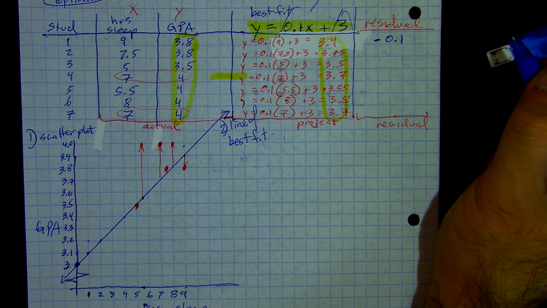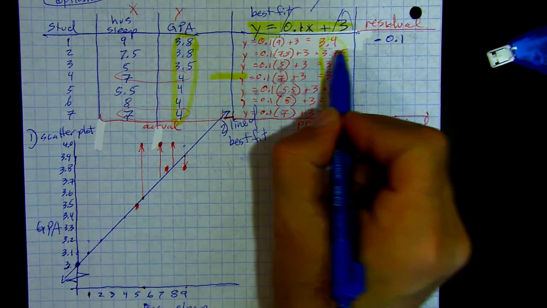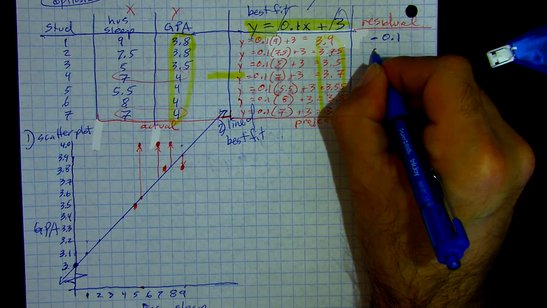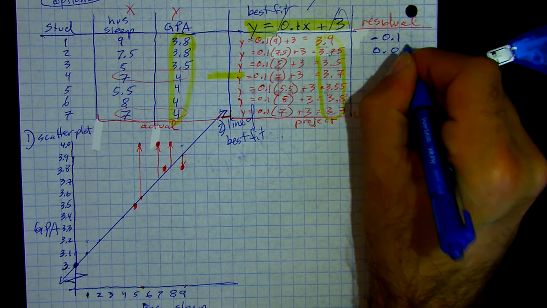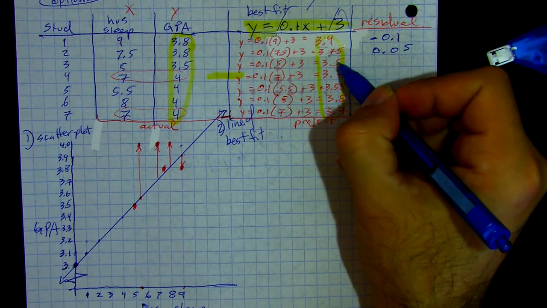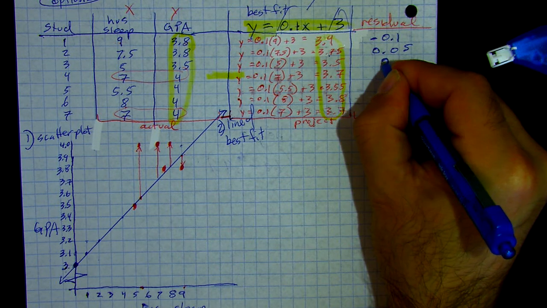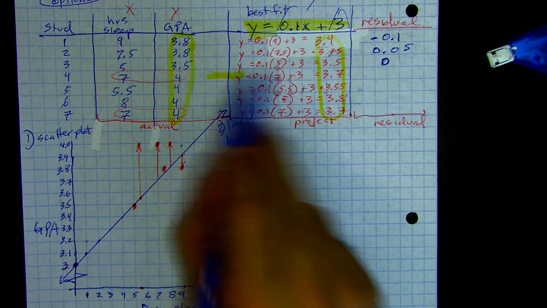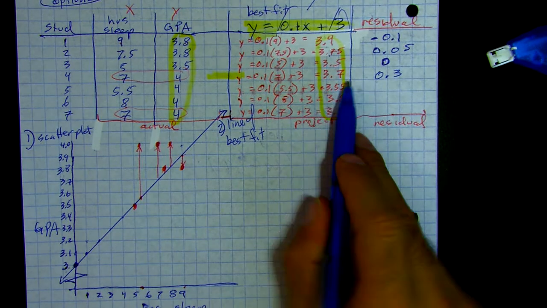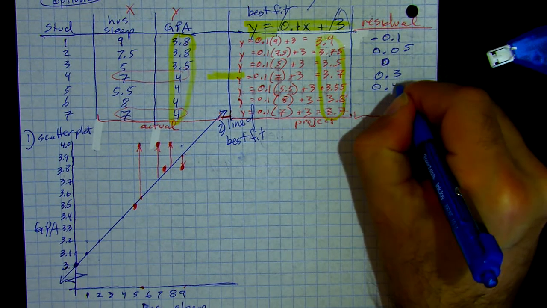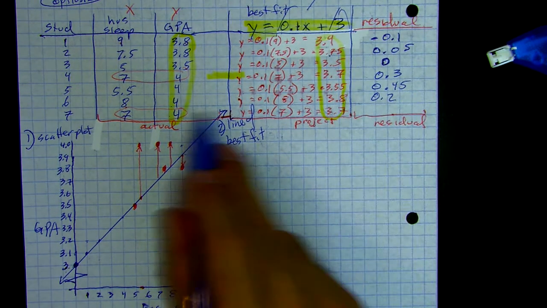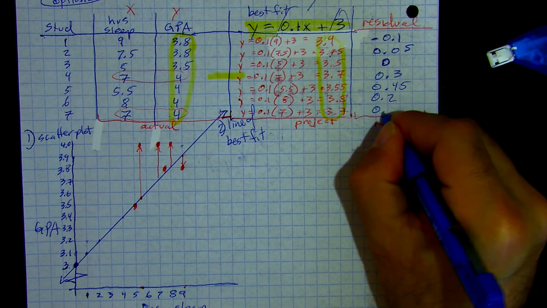It's wild. 3.8 minus 3.75 is 0.05. 3.50 minus 3.50 is 0. We got one right on the money. 4 minus 3.7, 0.3. 4 minus 3.55, 0.45. 4 minus 3.8, 0.2. 4 minus 3.7, 0.3.